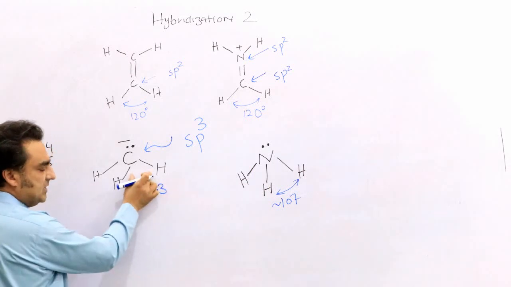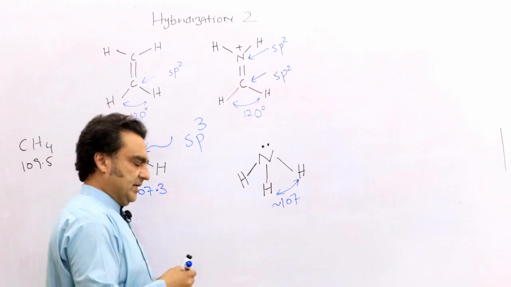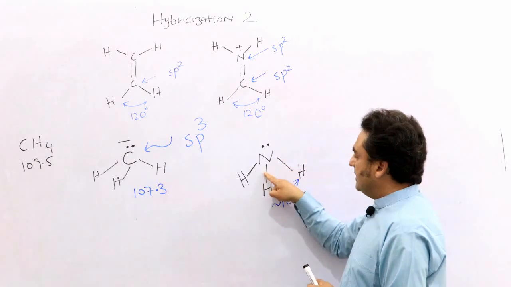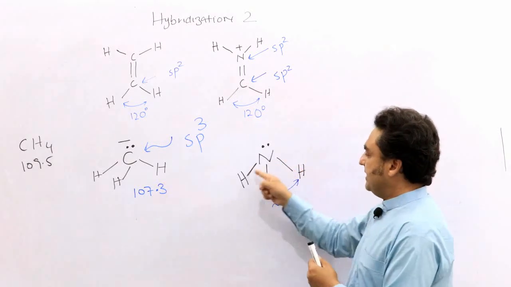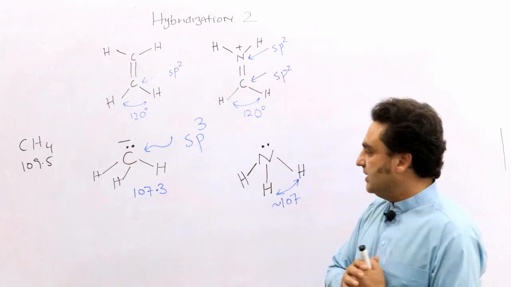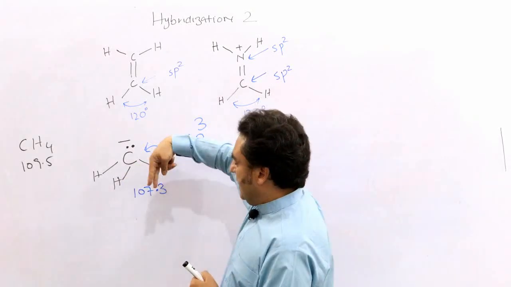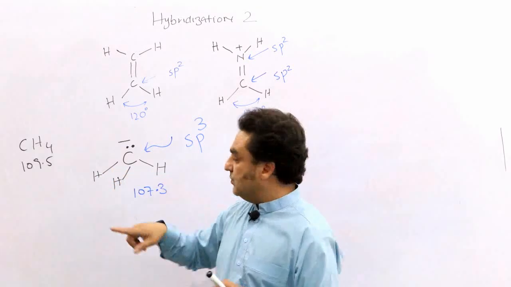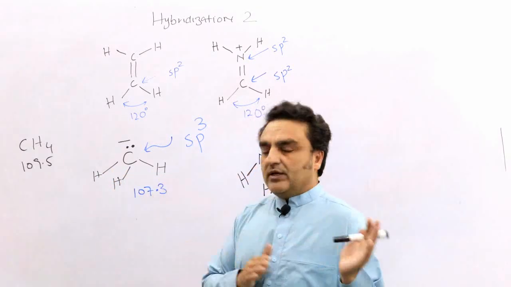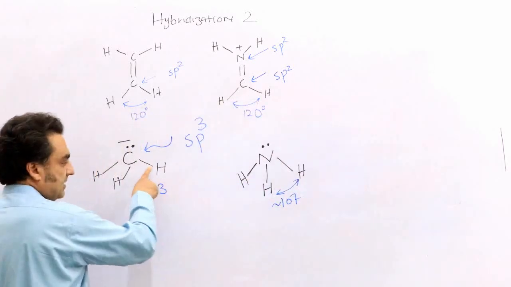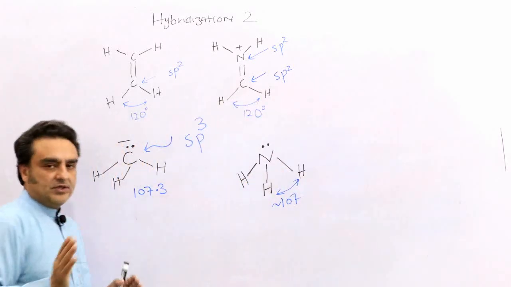So these angles are bigger than those angles. The angle between this hydrogen and that hydrogen is 107. Here, the angle between this CH and this CH is 107.3. What I mean to say is, these angles are bigger and these angles are smaller.